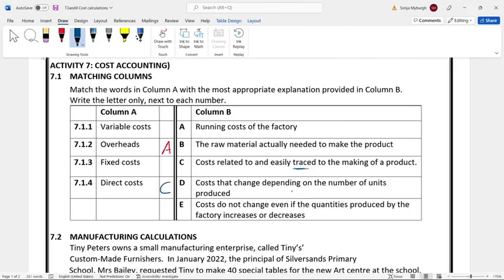Costs that change depending on the number of units produced, that will be your variable cost. The more you produce, the more the costs. And costs that do not change even if the quantity produced by the factory increased or decreased, that will be your fixed cost. And between D and E, you have your definitions for fixed cost and variable cost.